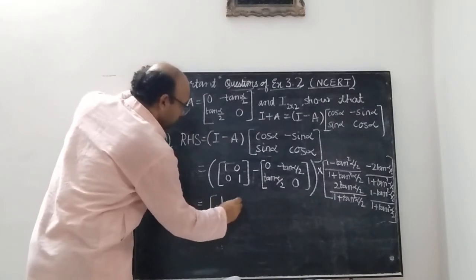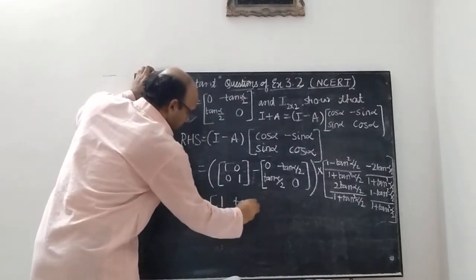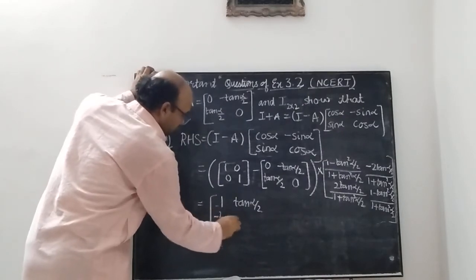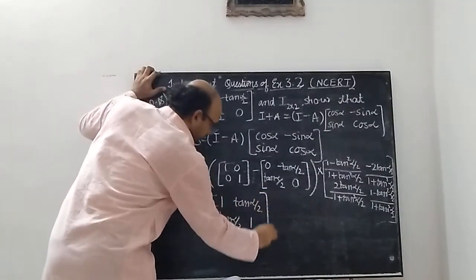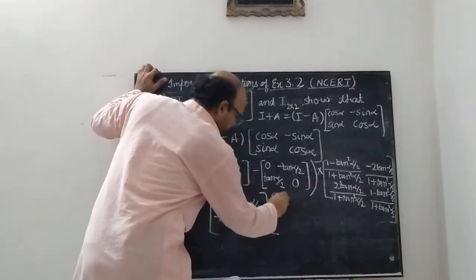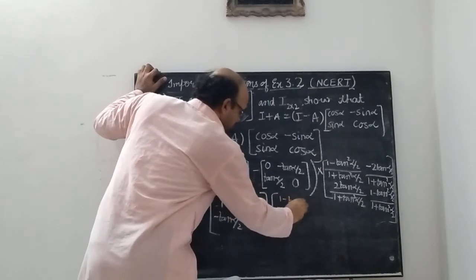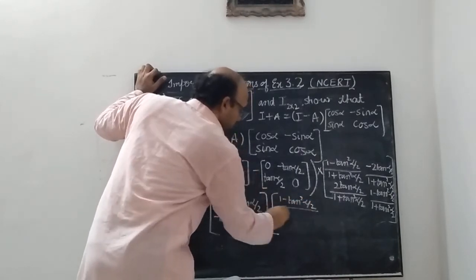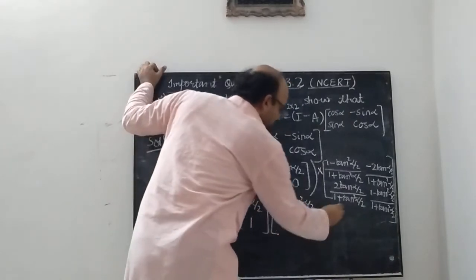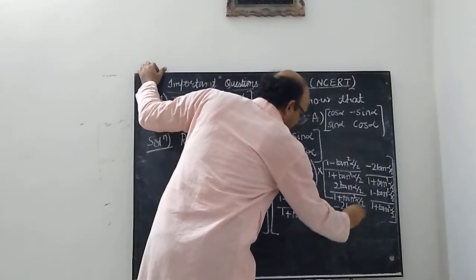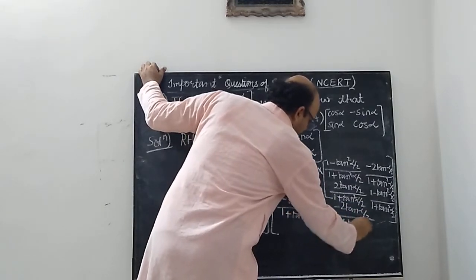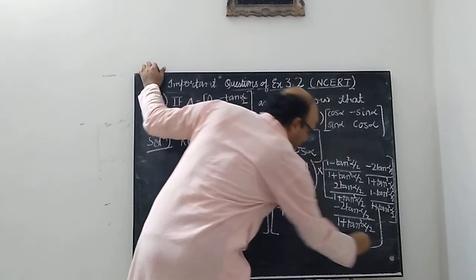This will give you 1, tan alpha by 2 minus tan alpha by 2, 1, and then we are finding the product with 1 minus tan square alpha by 2 upon 1 plus tan square alpha by 2 minus 2 tan alpha by 2 upon 1 plus tan square alpha by 2.